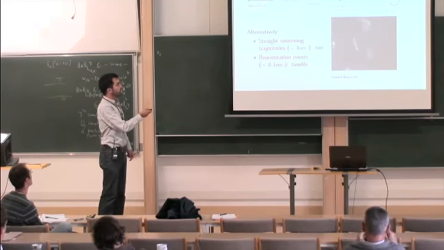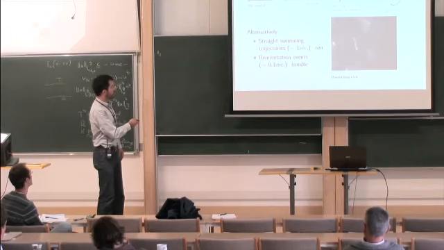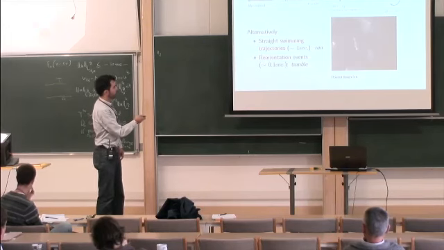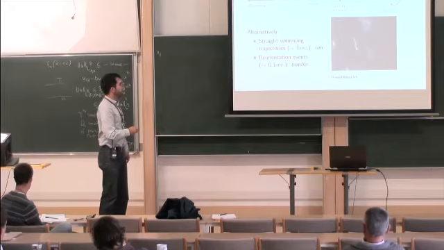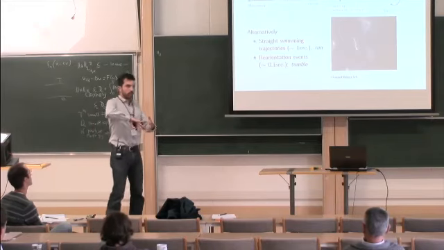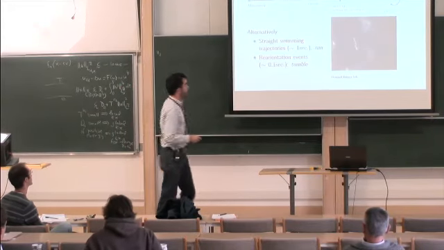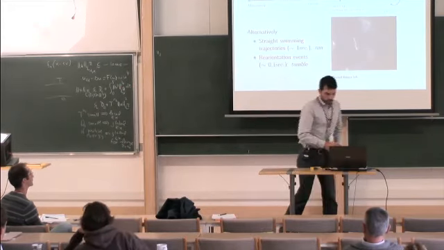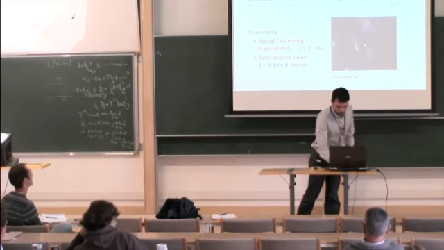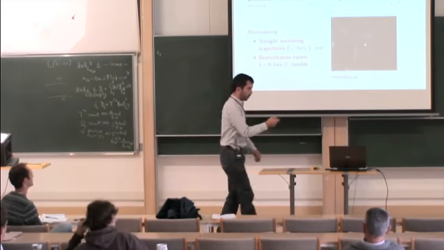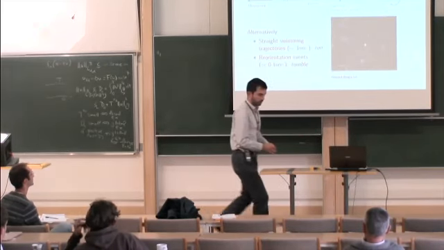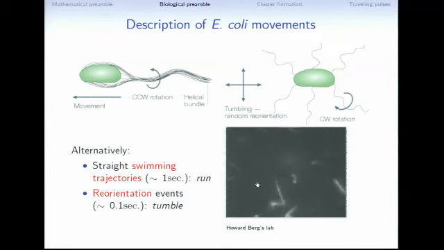And during the tumble phase, which is very short actually, a tumble is 0.1 second, compared to a run, which is 10 times longer, it will change direction, and then it will continue in another direction. So I can show you a small movie from Howard Berg, oops, it goes faster than expected.